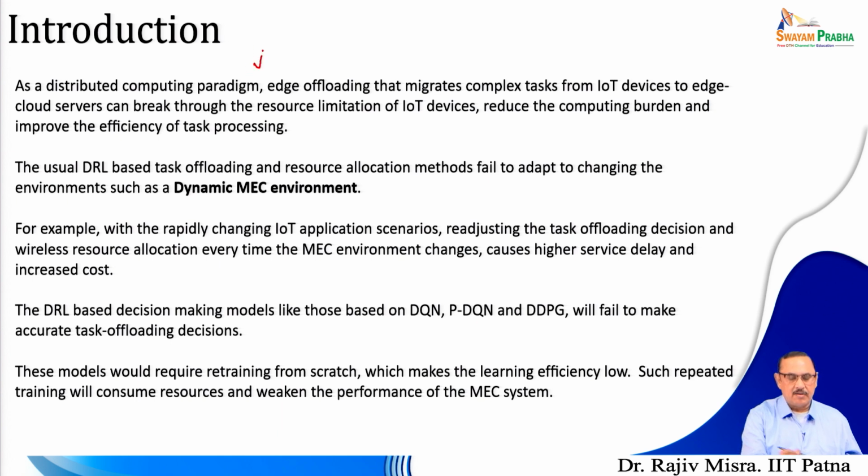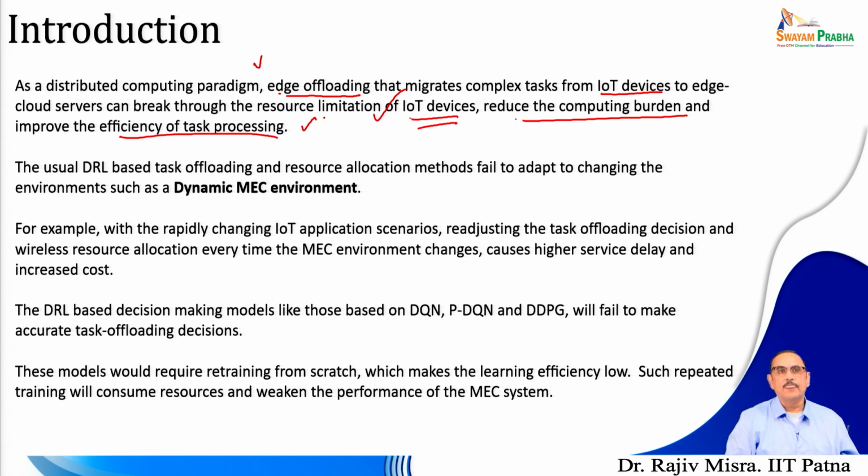So, in a distributed computing paradigm, edge offloading that migrates the complex task from IoT devices to the edge cloud server can break through the resource limitation of IoT devices, reduce the computing burden, and improve the efficiency of the task processing.